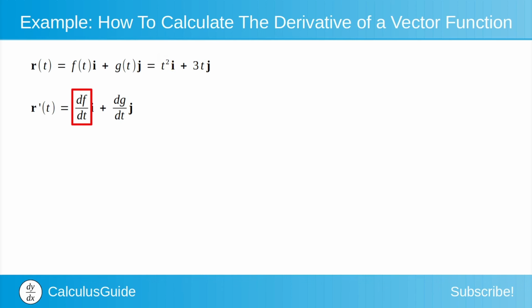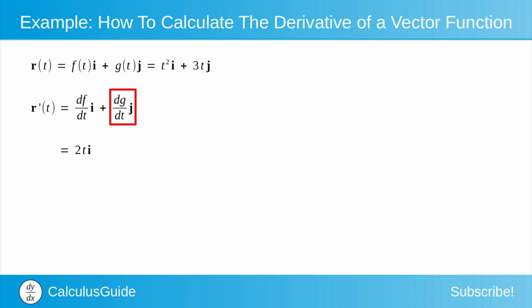df dt, the derivative of f of t with respect to t, is equal to 2t. So df dt i is equal to 2t i. The function g of t is equal to 3t. dg dt, the derivative of g of t with respect to t, is equal to 3.